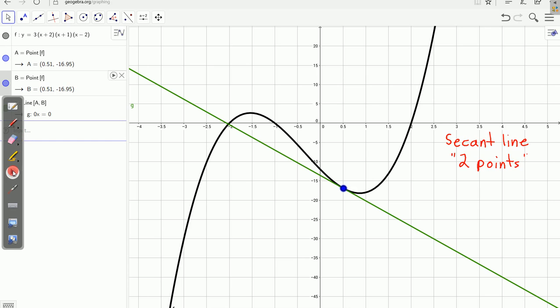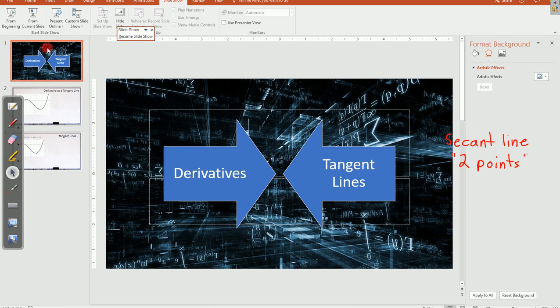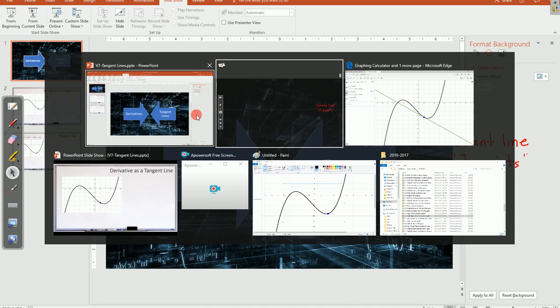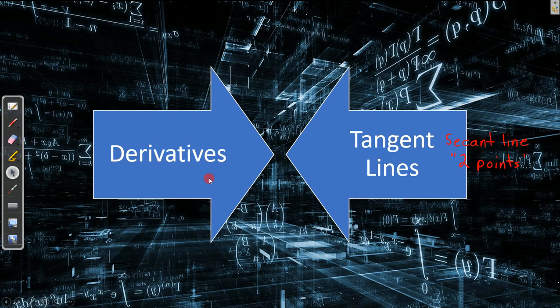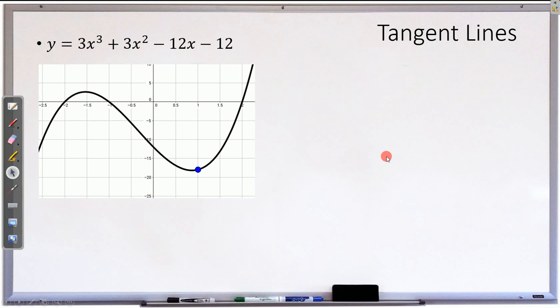Alright, so now that we have an idea what a tangent line is, let's actually calculate one. How do we actually calculate a tangent line? So pretty much the same graph here, and we have the equation for it up at the top.